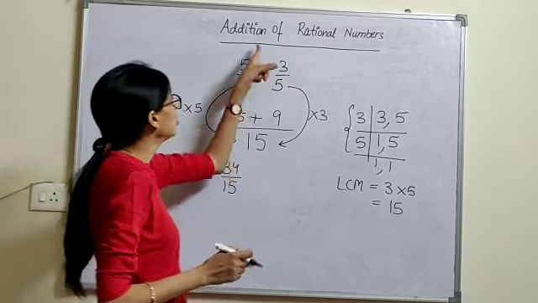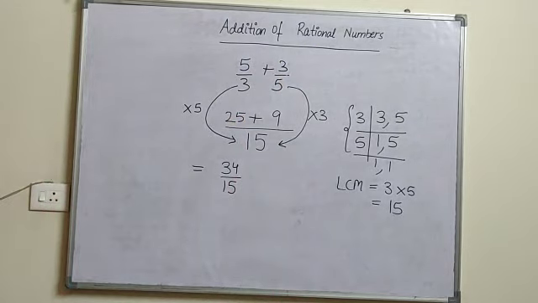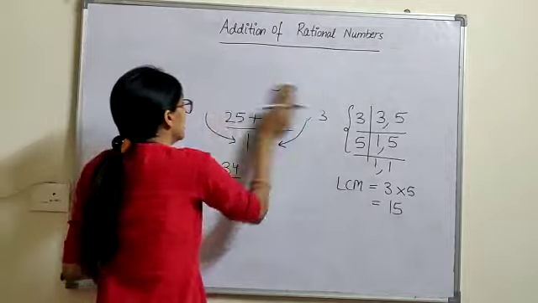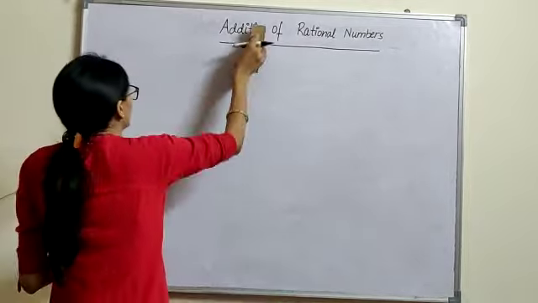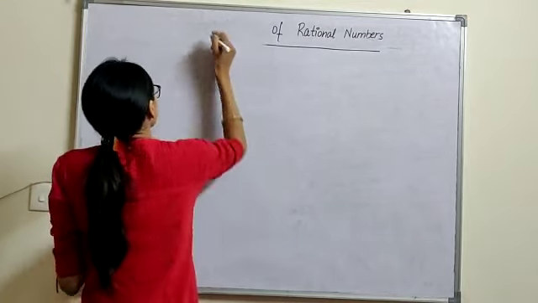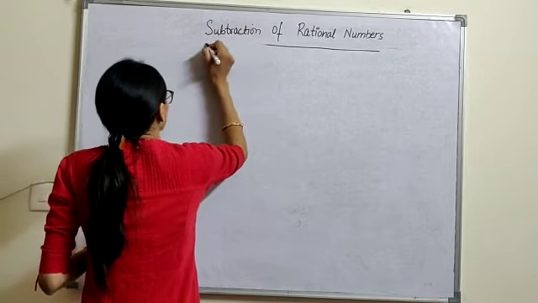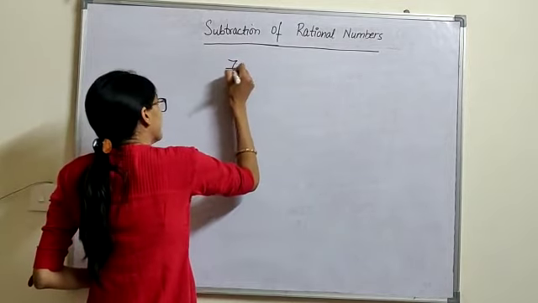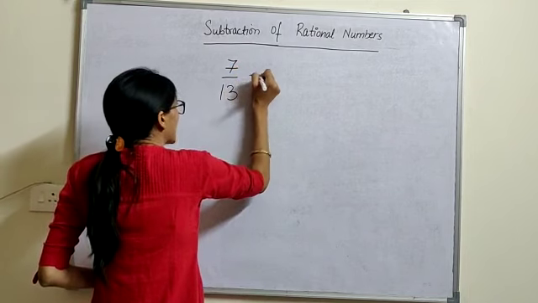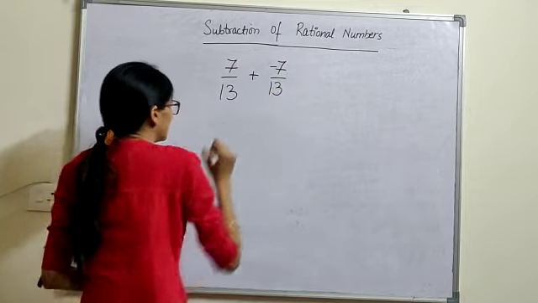Now, if I have to do the subtraction of rational numbers, then what we will do? First we will do when the denominator is same and we have to subtract the rational numbers. It is same as that of addition. 7 by 13 minus 7, plus minus 7 by 13.